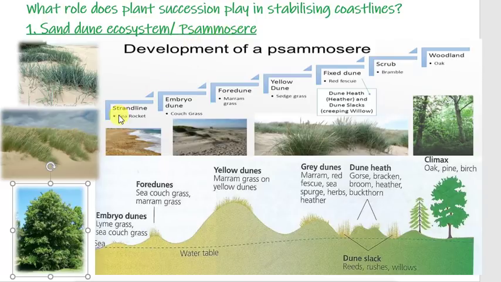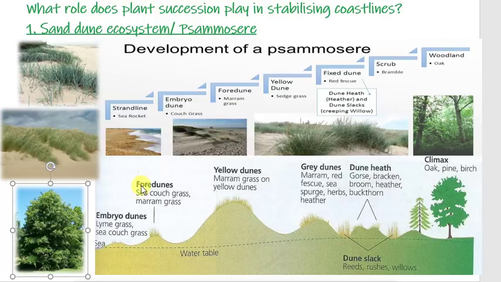And you don't just get one kind of plant living on the beach and we get sand dunes. It's a series of stages. So where the backshore is and the sea meets the land, then gradually as we move inland, we get different vegetation being able to live as you go further inland.